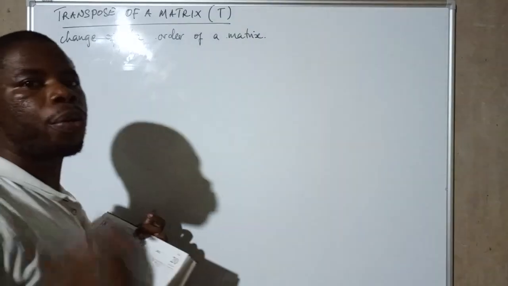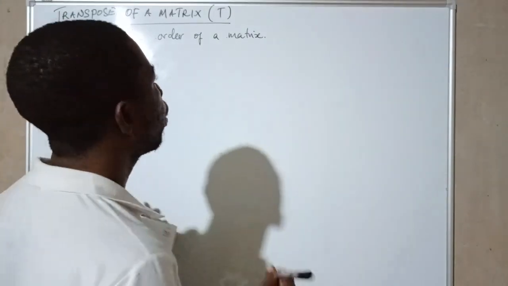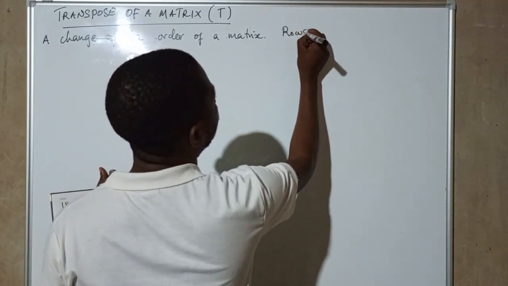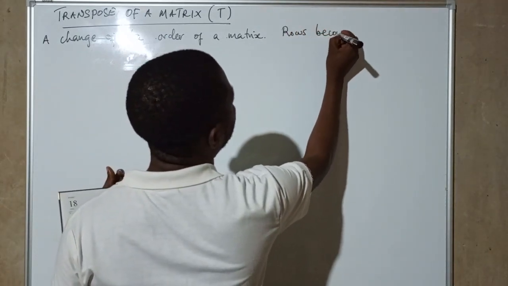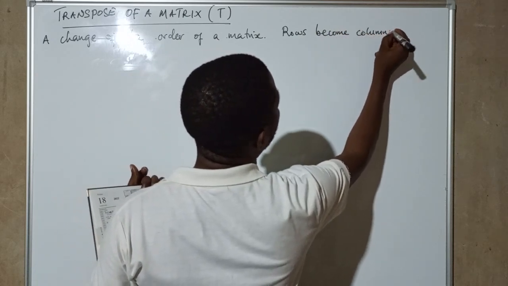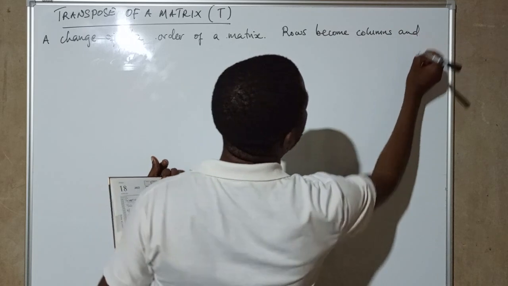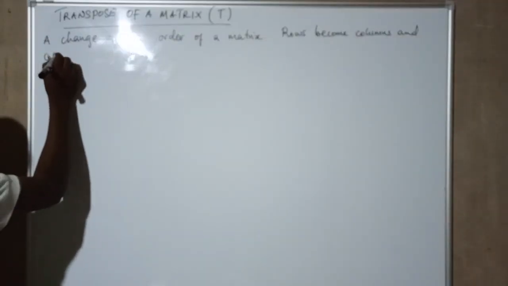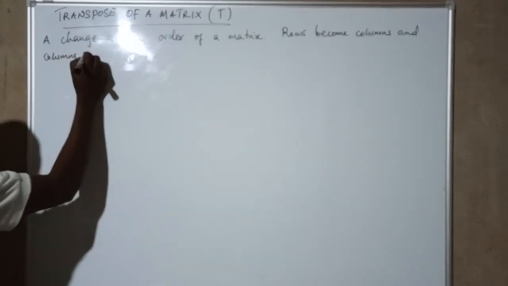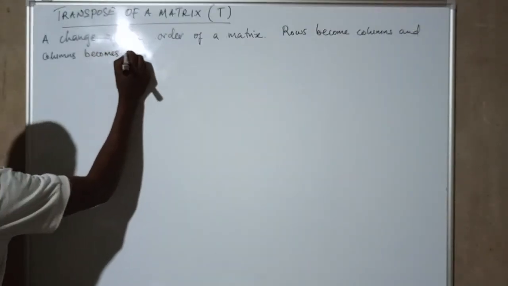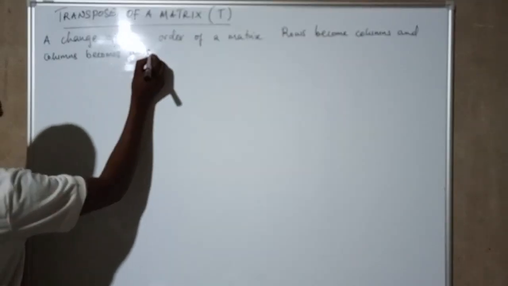Here the rows become columns and the columns become rows.